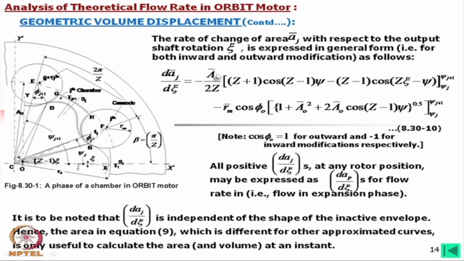So, this formula is independent of this area, whatever it might be. Whatever the area in equation 9, which is different for other approximated curves, is only useful to calculate the area and volume at an instant. Only if you would like to find out the trapped volume, the unused trapped volume, then you have to consider the geometry.